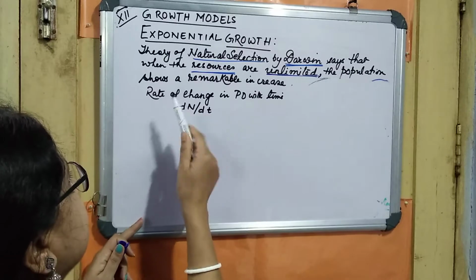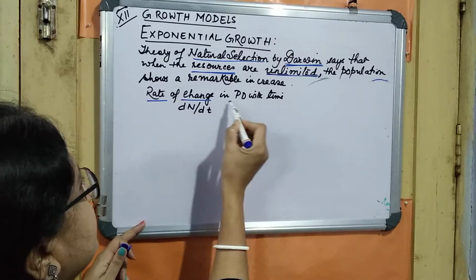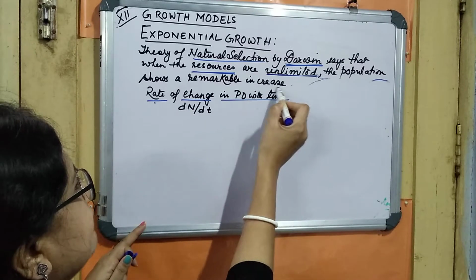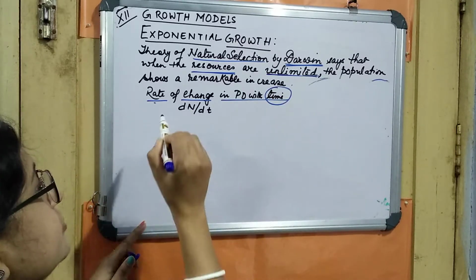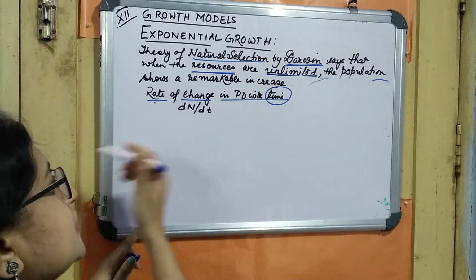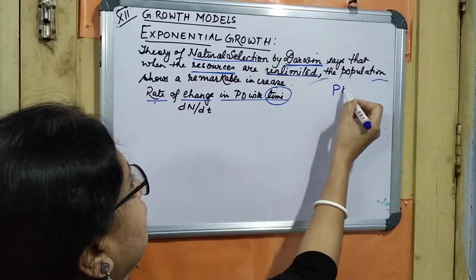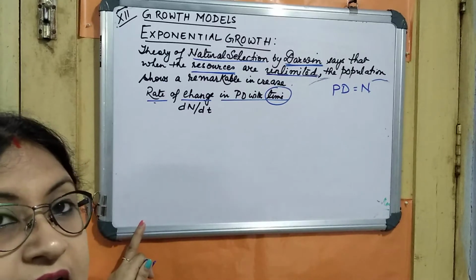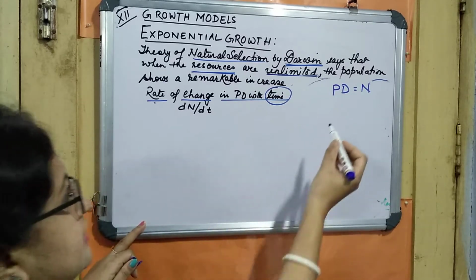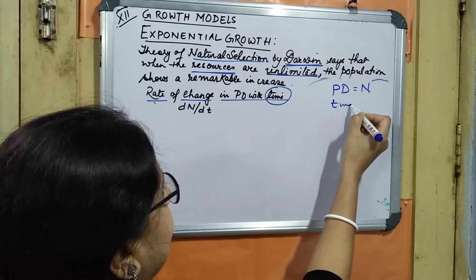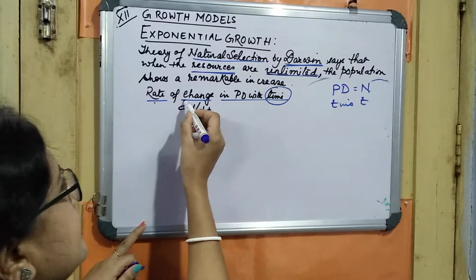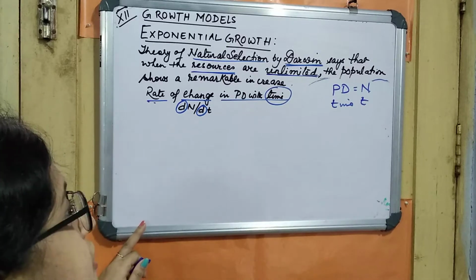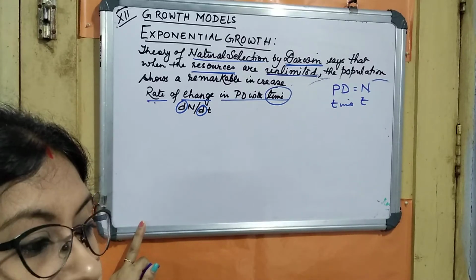If we talk about the rate of change in population density with time, then we have to consider time. Let us take the population density, which we learned in the previous part is represented as N, and time is represented as t. So dN by dt reveals the rate of change in population density with time.